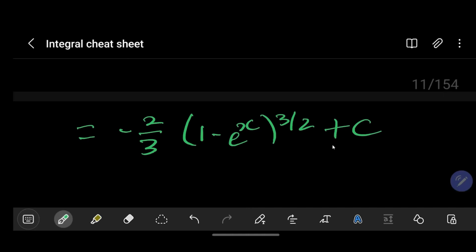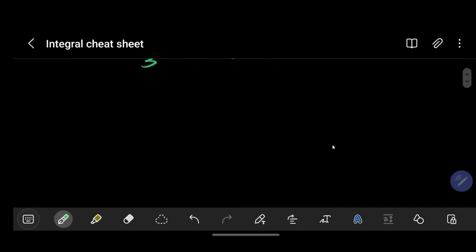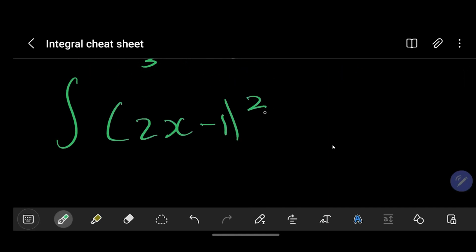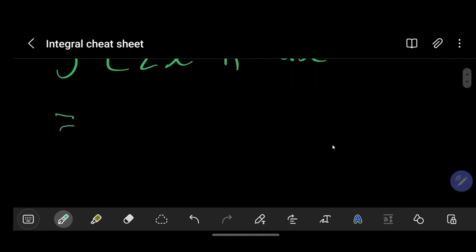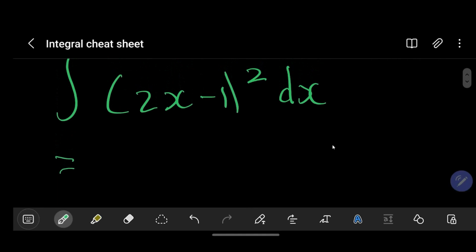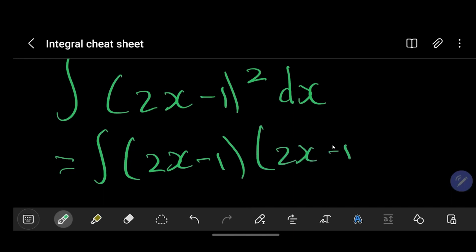So let's look at the integral of (2x minus 1) squared dx. What can we do here? We can look at factorizing this. So that can be equal to the integral of (2x minus 1) times (2x minus 1), and that's basically (2x minus 1) squared.